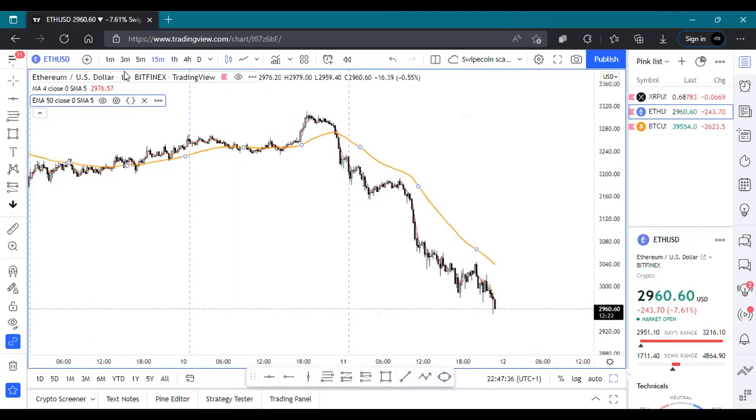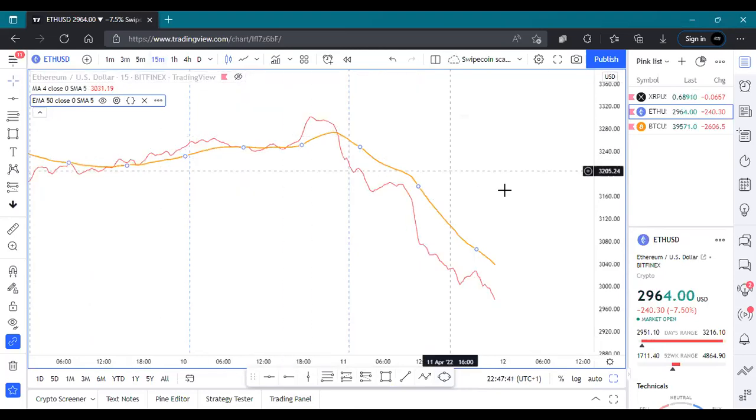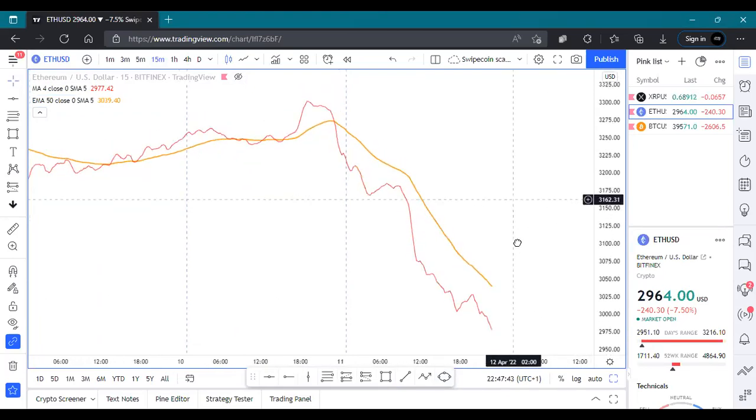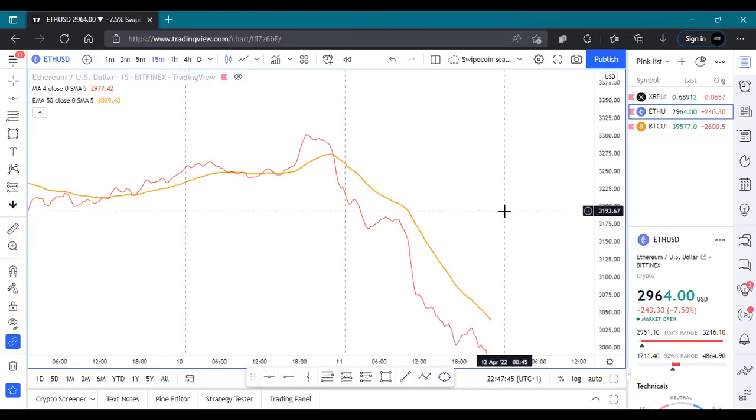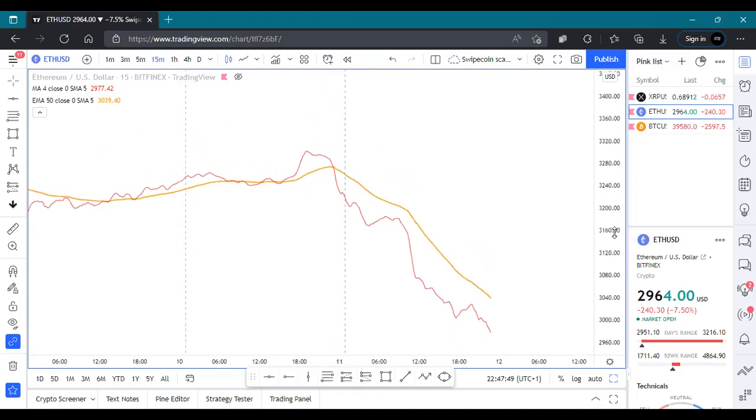So how I use this is, I wait for the crossing of the EMAs. Now, we're scalping on the 15 minutes time frame, right? We don't actually use this on the 1 hour, we don't use it on the 4 hours, we don't use it on those big time frames.